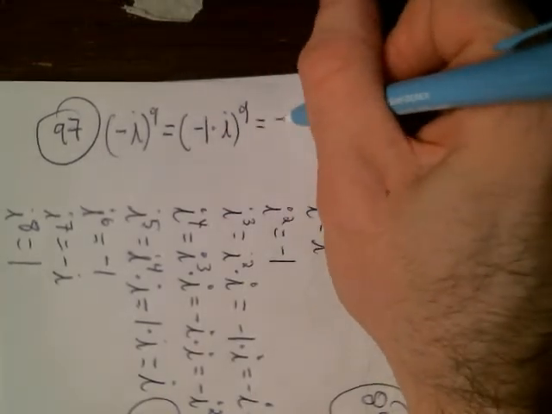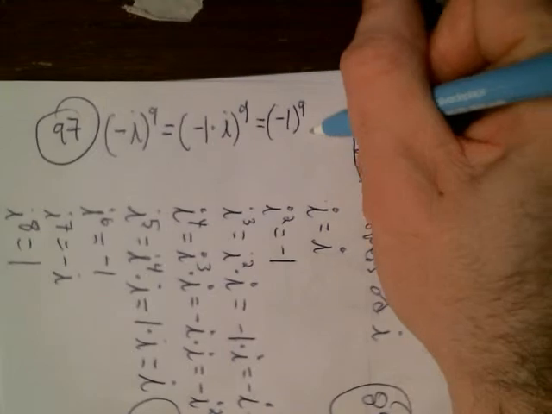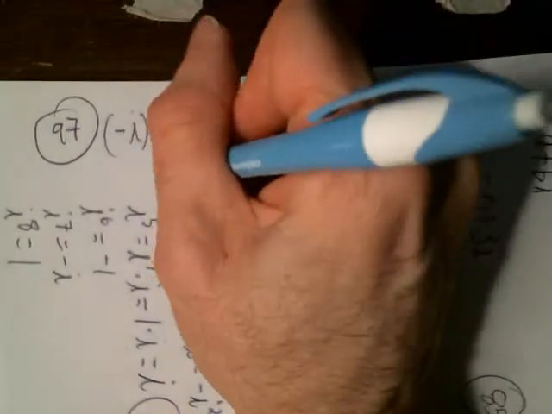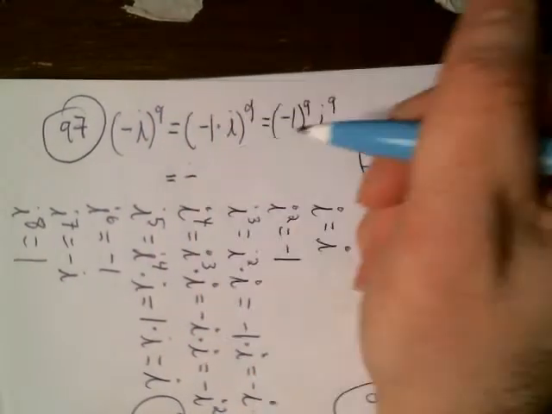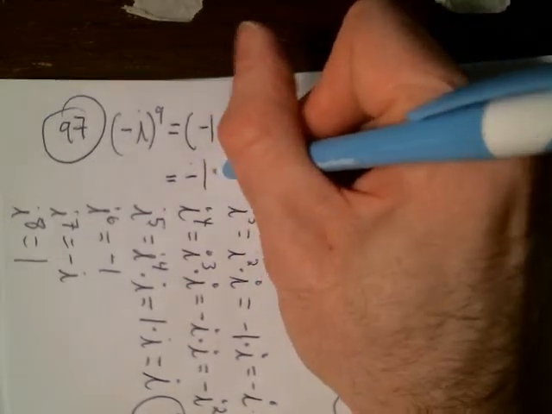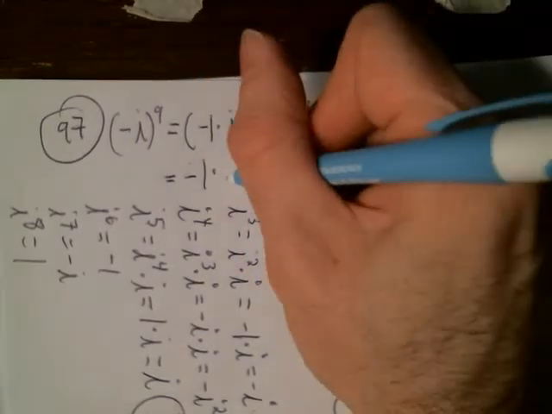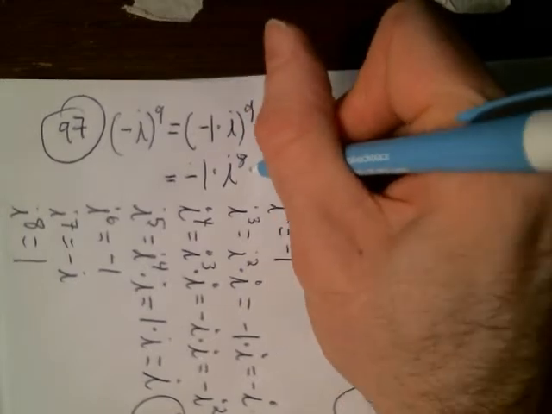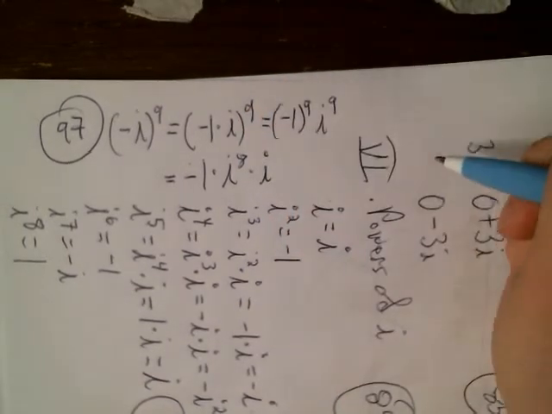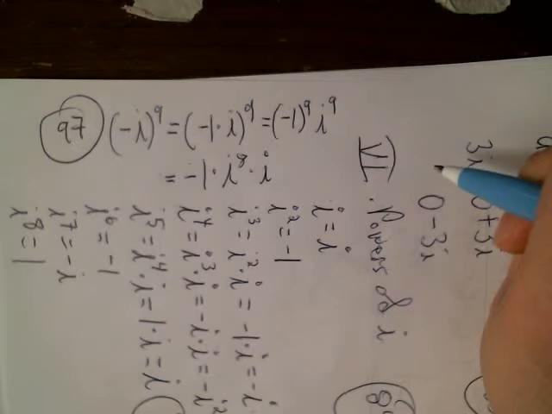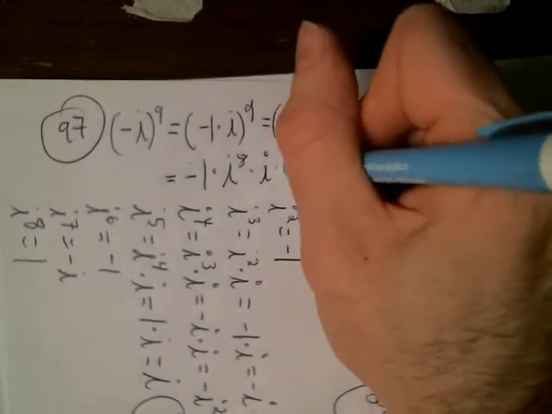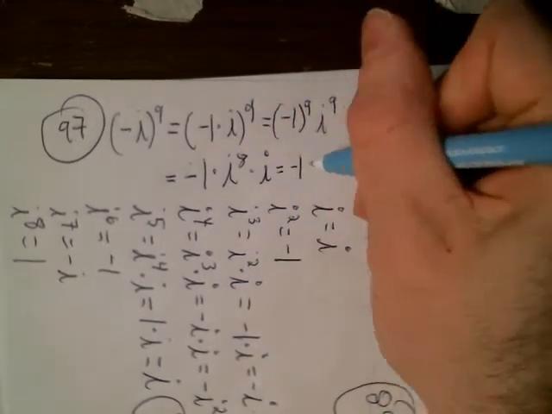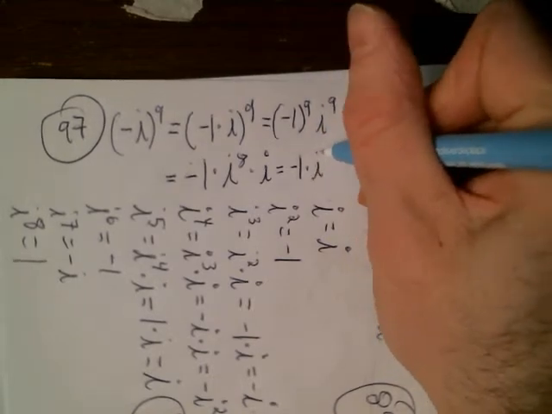So this is the same as -1 to the 9th times i to the 9th. -1 to the 9th is just -1. So we can write -1. And then i to the 9th, I'm going to have to separate that into i to the 8th times i to the 1. Sorry, I totally just ran out of room.